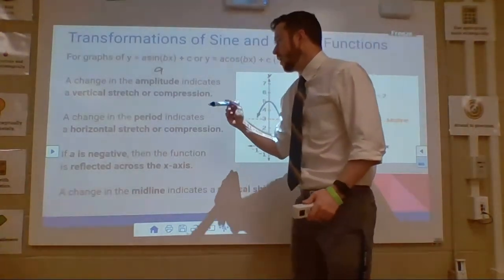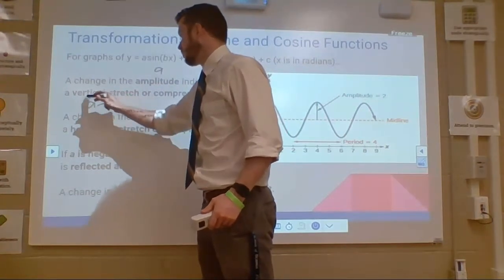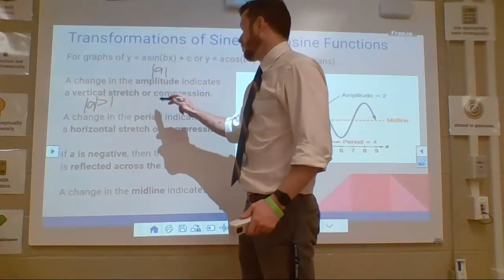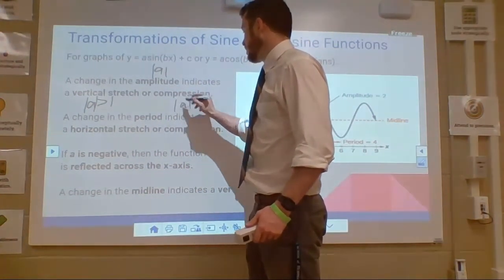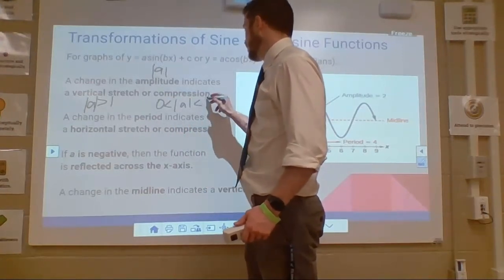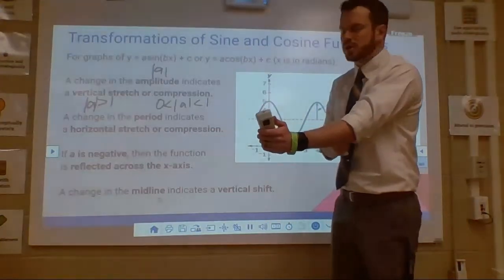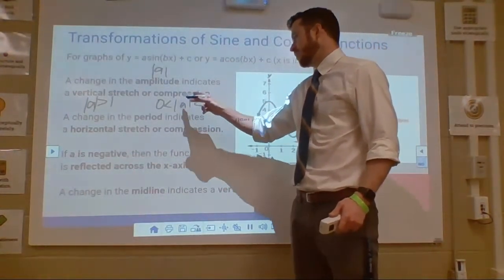For it to be a vertical stretch, the absolute value of a is going to be greater than 1. For a compression, the absolute value of a is going to be in between 0 and 1, greater than 0 and less than 1, like a fraction or a decimal. That would make it a compression.